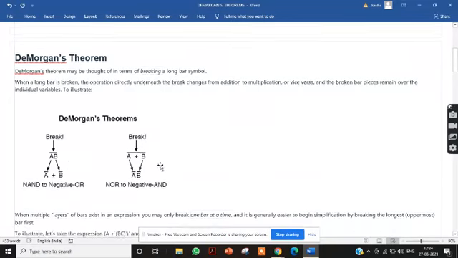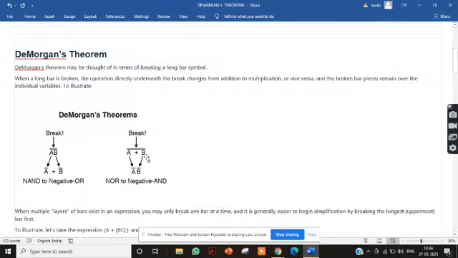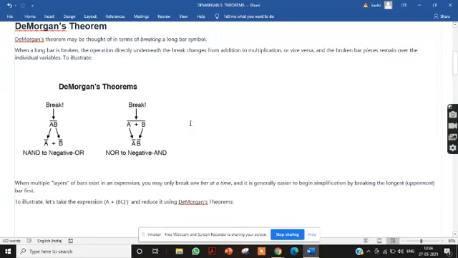And the second De Morgan theorem: (A plus B) whole bar means NOR gate. NOR gate becomes, with A bar and B bar as the inputs, an AND gate. So this is a negative AND gate. So we can define De Morgan theorems as NAND to negative OR gate, this is the first one, and the second one is NOR to negative AND gate.